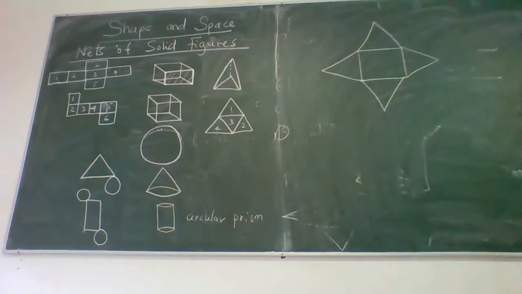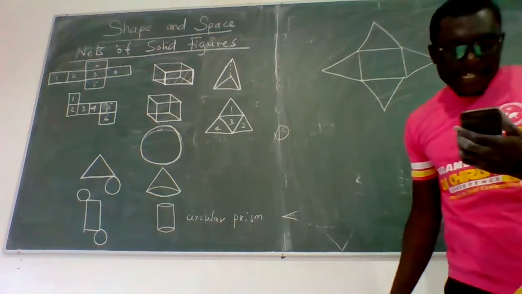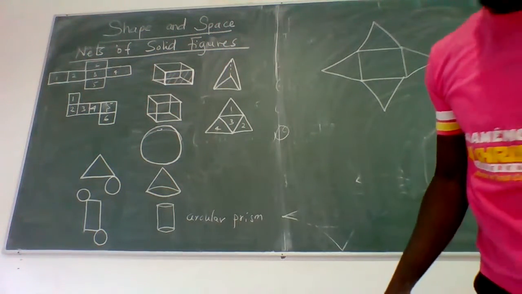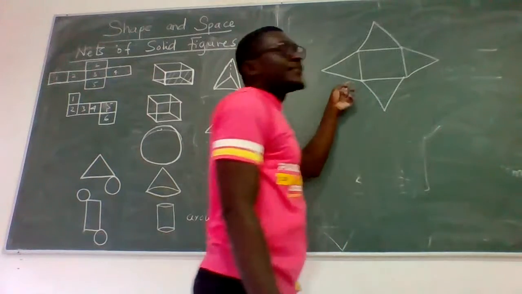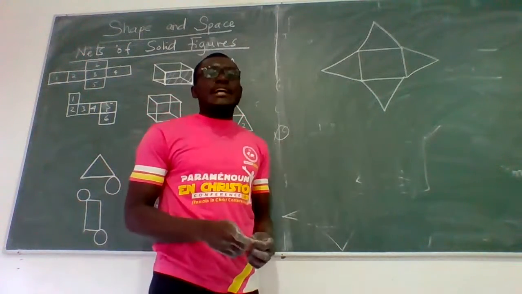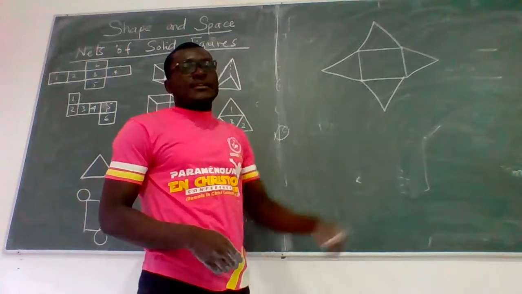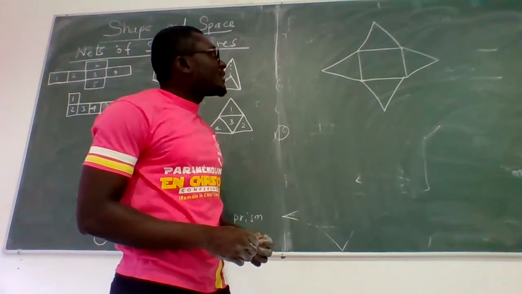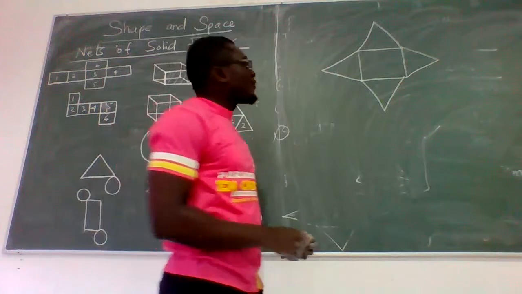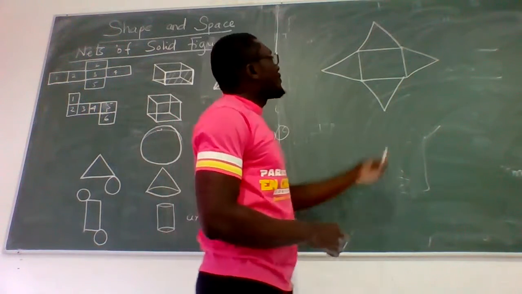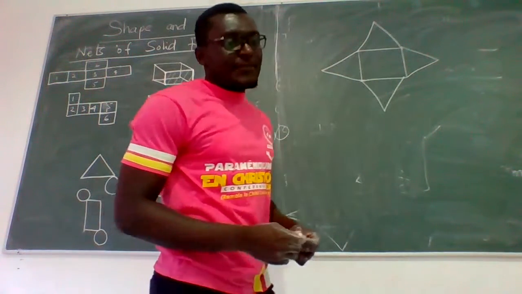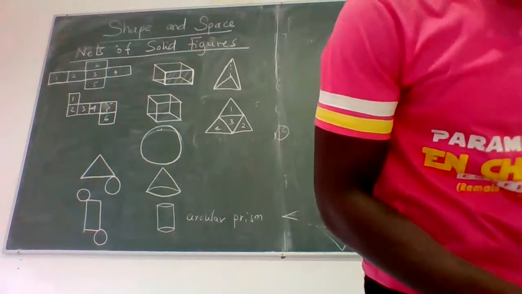The question says, which solid figure can be made from the net above? So which solid figure can be made from this net? You can go ahead and put your answer there.